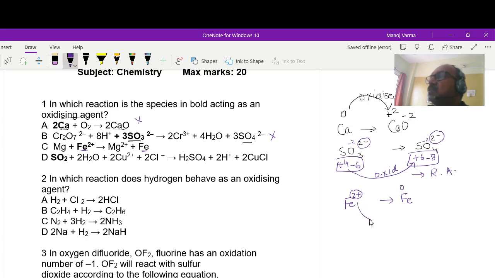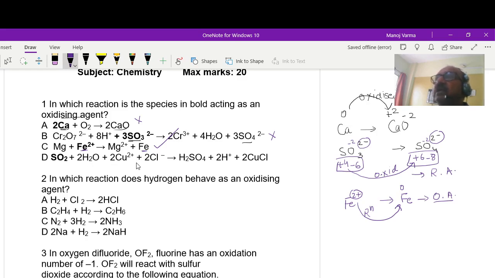So +2 to 0 is a reduction, and any species which is reduced acts as an oxidizing agent. They asked you about the oxidizing agent, so this is the correct answer. Since you have already found the correct answer, there is no point in wasting time in solving the D part, because there is only one correct option.